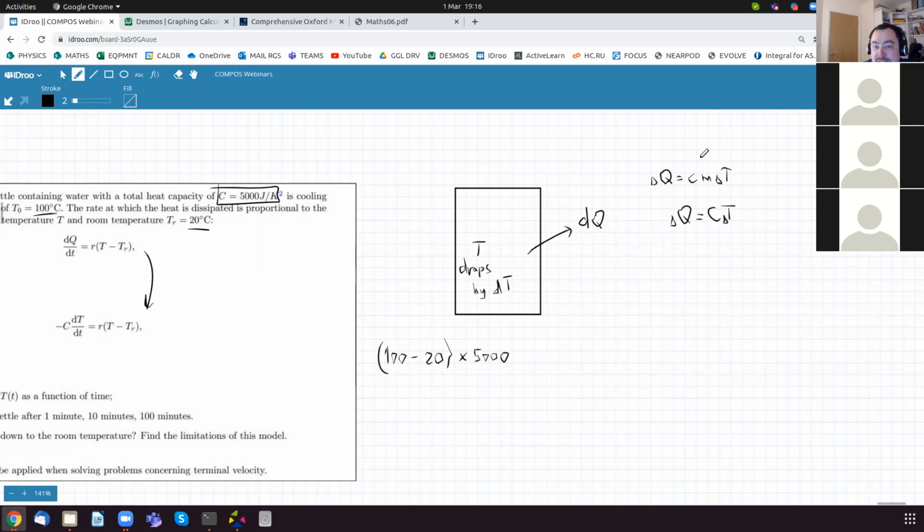So that means the formula is slightly different. It's capital C delta T. So this is specific heat capacity, and this is total, or just heat capacity, not specific capacity. So different kettles will have different heat capacity.